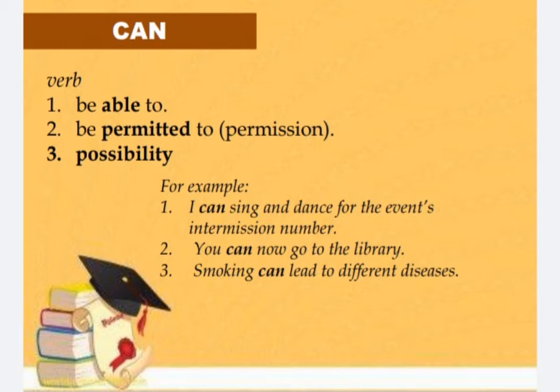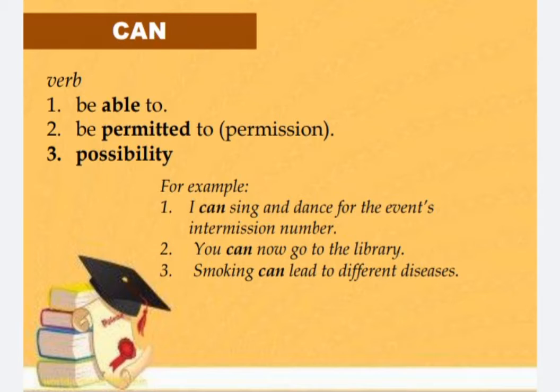For example, number one, I can sing and dance for the event's intermission number. As you can see, the word can here expresses that the subject is able to sing and dance for the event's intermission number. And for number two, you can now go to the library.